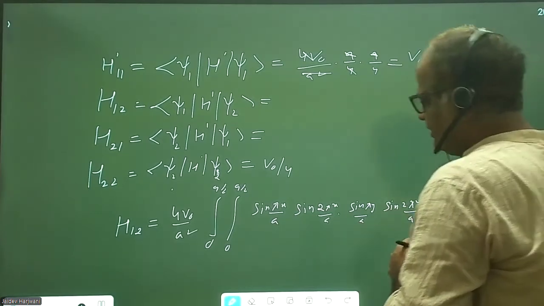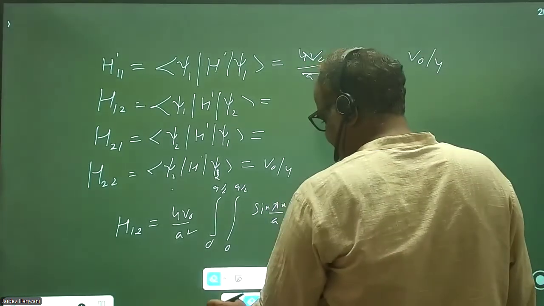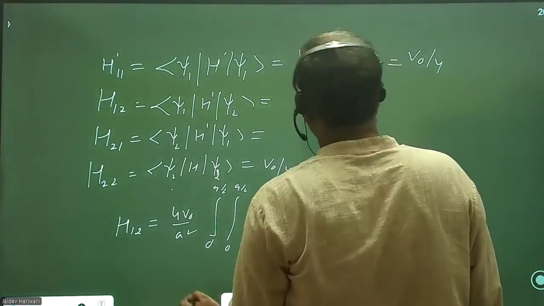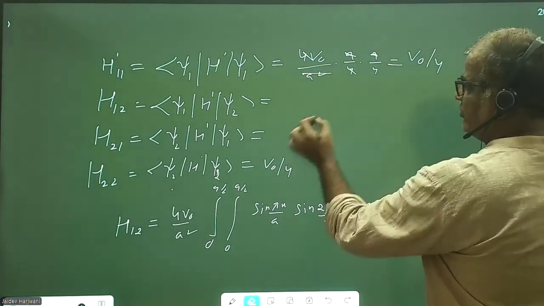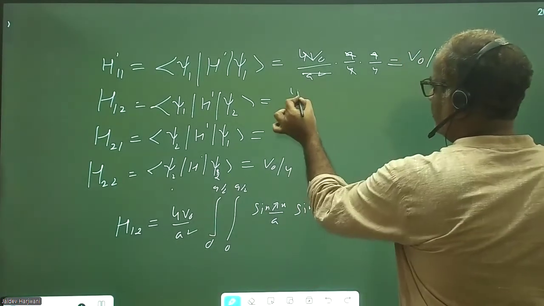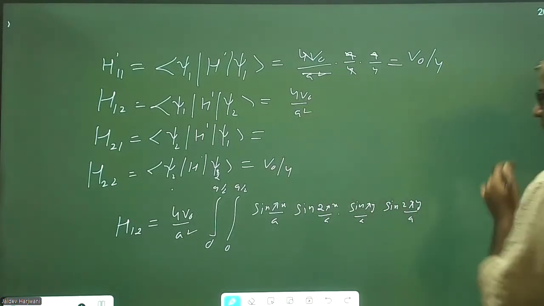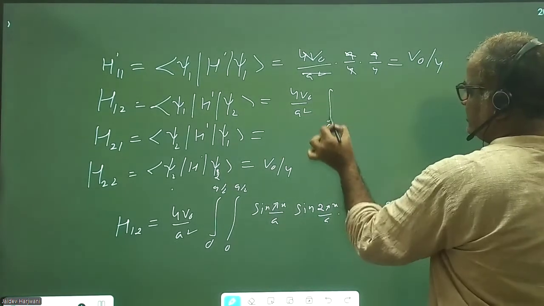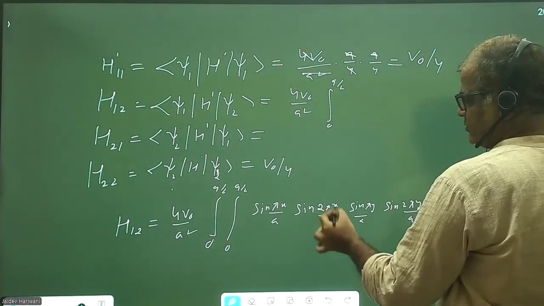So now we need to solve this. So h12 equals 4 V naught upon a square, and I'm only showing 0 to a by 2 sine pi x cos 2 pi x.